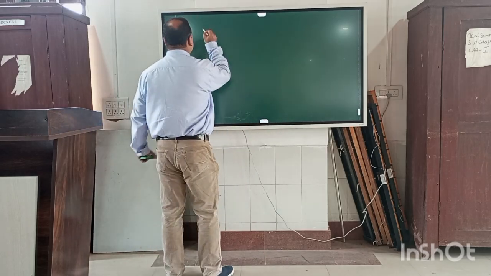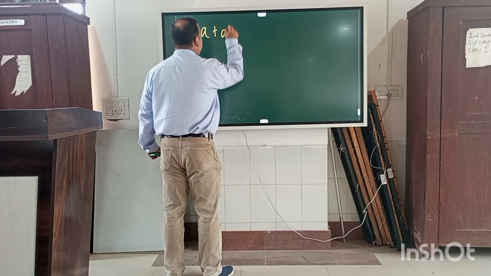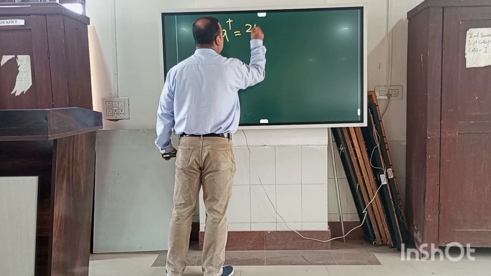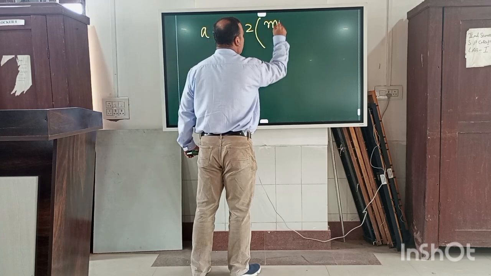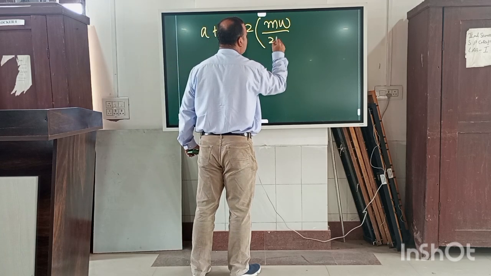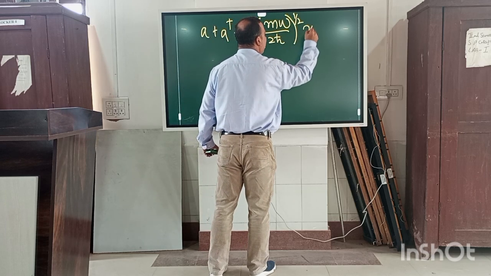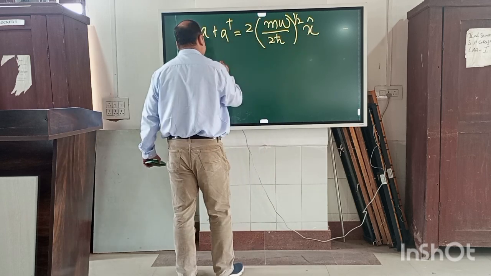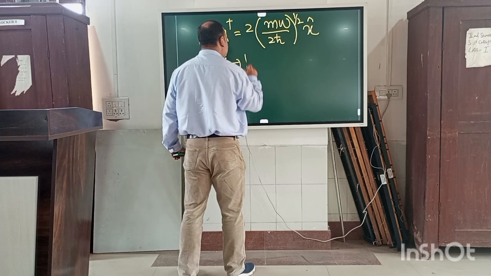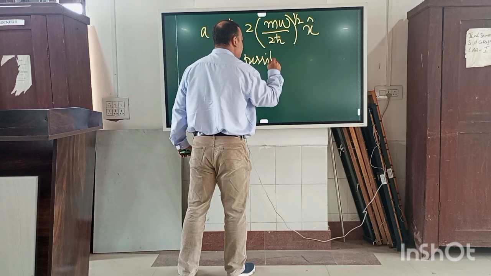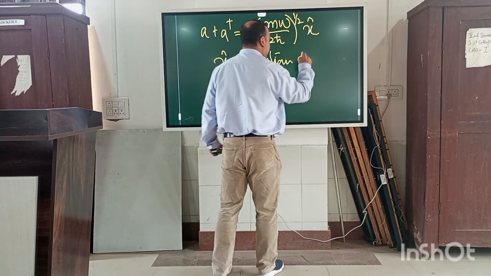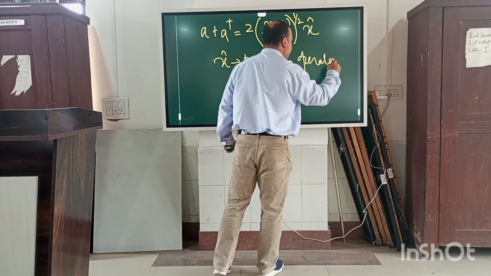I'll get A plus a dagger is 2 times (m omega by 2 h bar) whole raised power 1 by 2 x cap, where x cap is our position operator.